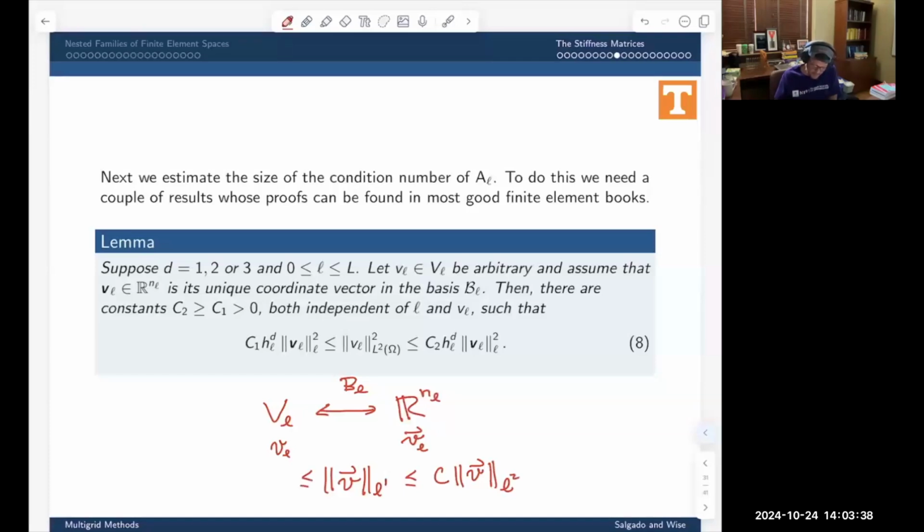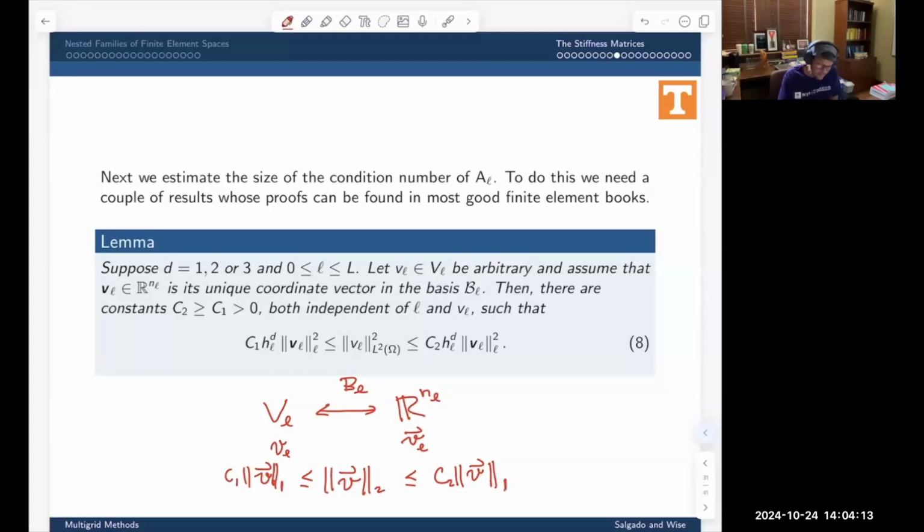And that means that there's constants C1 and C2, one bigger than the other. All right, so this notation is a little bit confusing. Forget what we are doing in this chapter or in this book, but usually we call the one norm the non-Euclidean norm, and the two norm is labeled 2, that's the Euclidean norm.